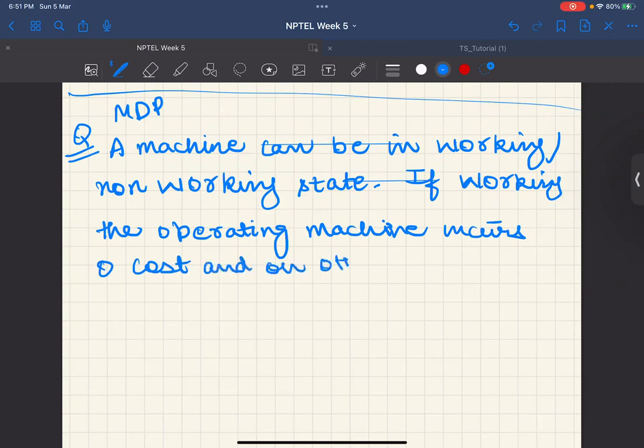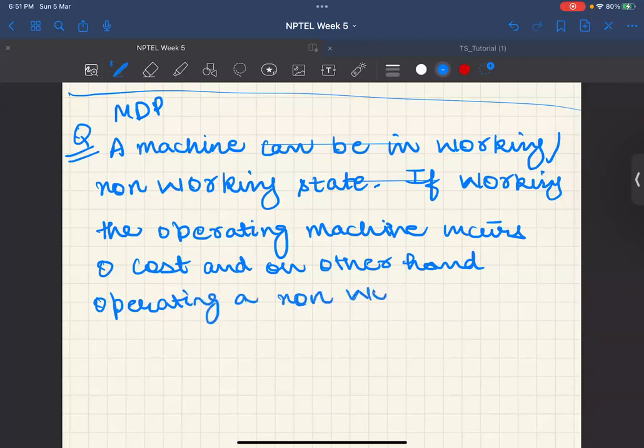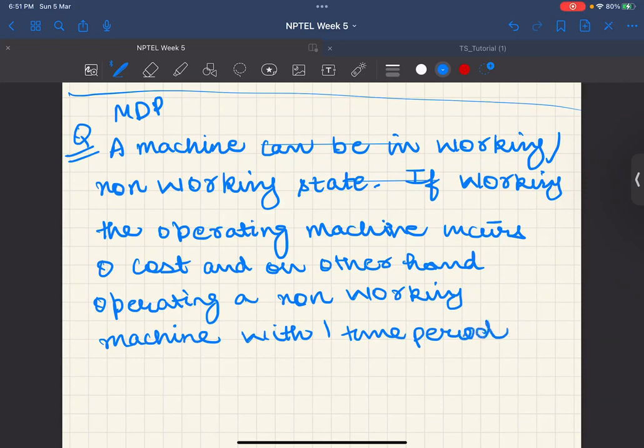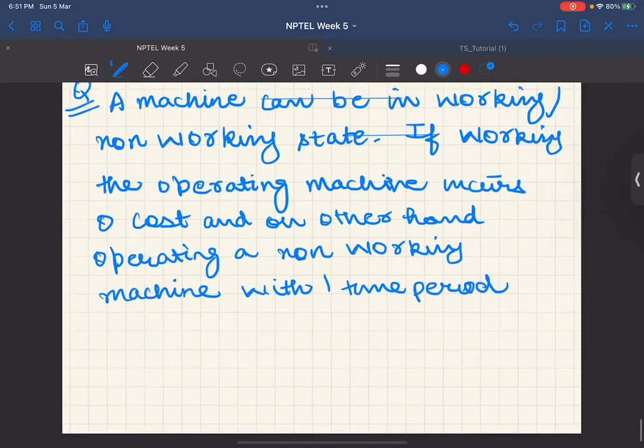On the other hand, operating a non-working machine for one time period incurs a cost of 3 units.